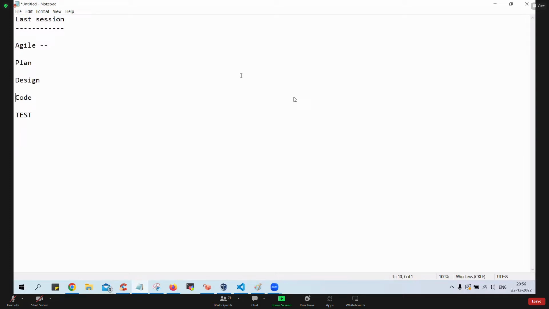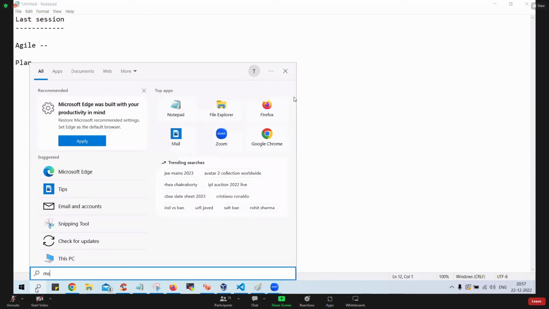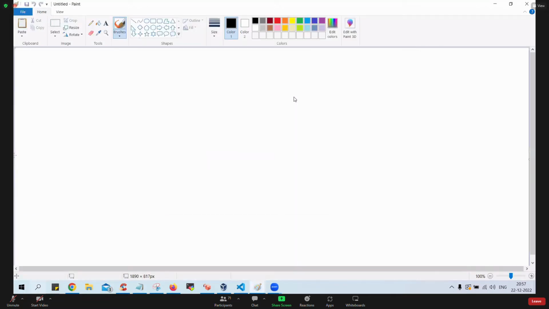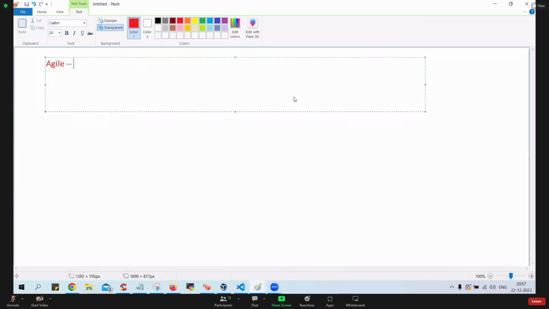Let me write in a horizontal way so that you'll catch the logic. In the Agile, we are done with the plan and we went with the design, then we went with the code. And after that, it is the test, right?